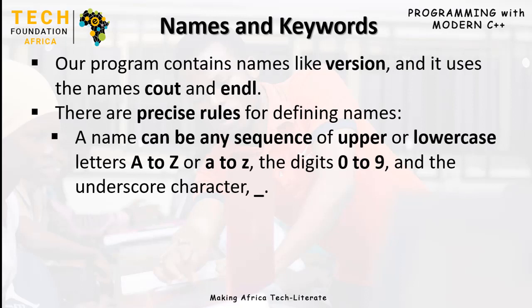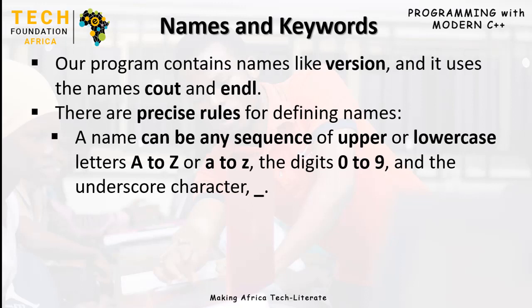To start with, the name that you assign to anything should be a sequence of upper or lowercase letters, okay, so capital A to Z or small a to z, then the digits 0 to 9 or an underscore. So these are the only characters that are allowed in the name of anything. Aside from this, no other character is allowed to be used in a name.